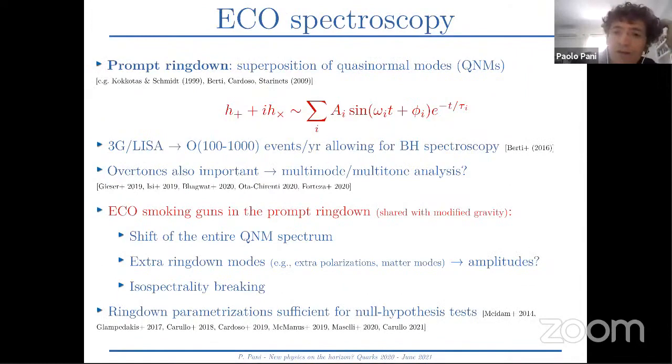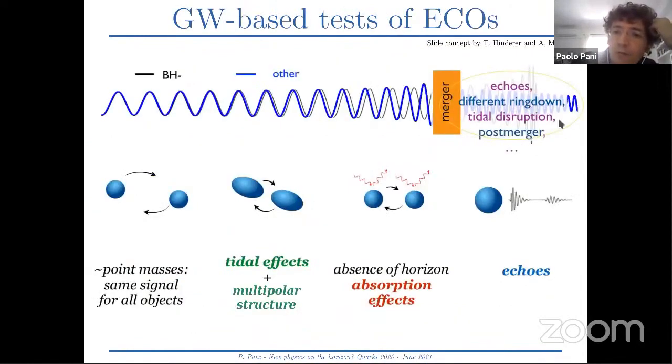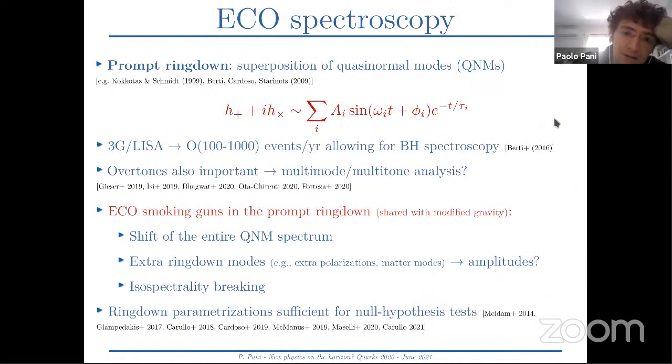So let me start with the very last part, the post-merger phase that is dominated by the ringdown of the remnant. The picture is that the two objects merge, they form a perturbed object that vibrates and has a peculiar signal that is called ringdown. In the prompt ringdown, essentially right after the merger or sometime after the merger, the signal can be decomposed in a superposition of quasi-normal modes, so complex frequencies.